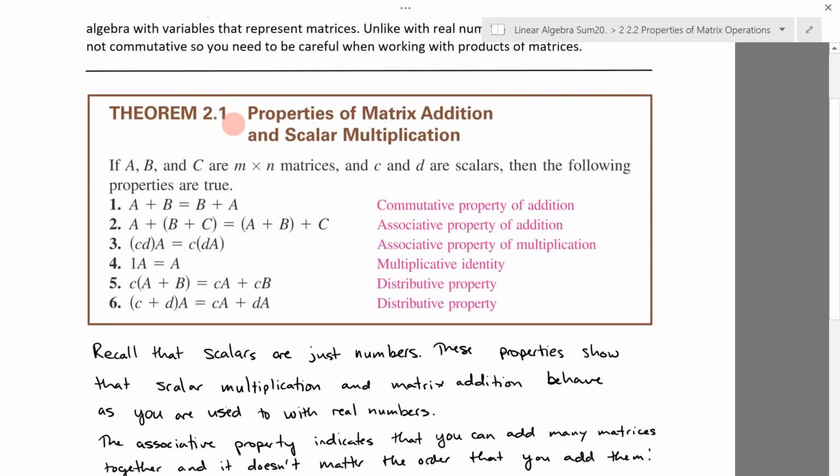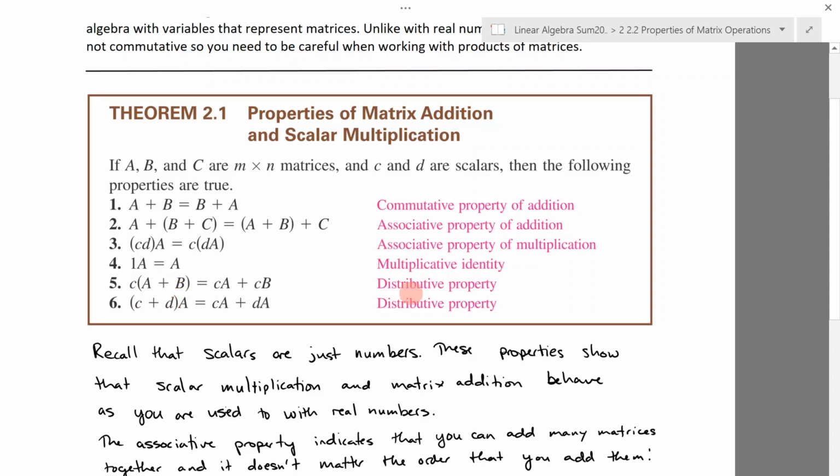So theorem 2.1 here discusses the various different properties of matrix addition and scalar multiplication. You can see that in terms of these operations, the properties that you're familiar with: commutative property of addition, associative property of addition, associative property of scalar multiplication, the multiplicative identity, where if you take the scalar multiple of 1, it doesn't do anything to the matrix, and the distributive property of scalar multiplication.